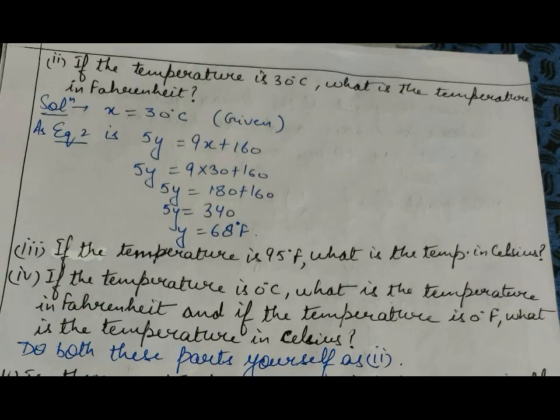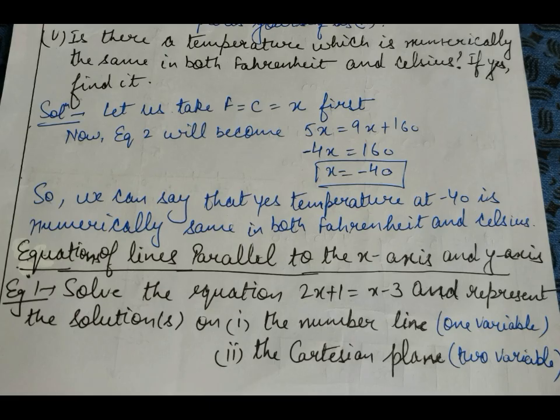Then come to the fifth part. Now in the fifth part, we have to find whether there is a temperature which is numerically the same in both Fahrenheit and Celsius. If yes, find it. So let us take F is equal to C is equal to x here.